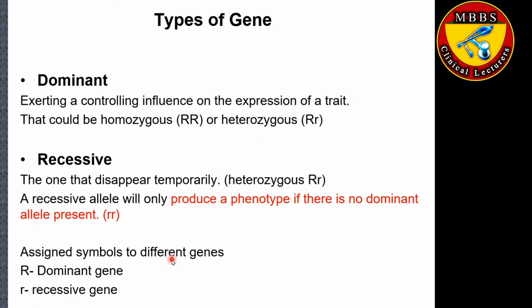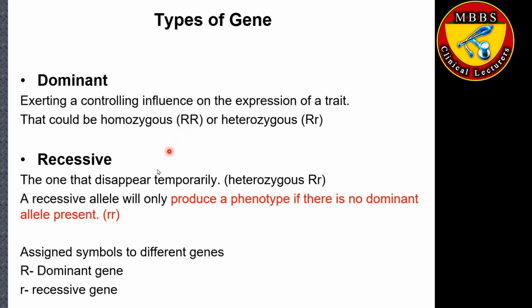Before we go towards these disorders, let's study what dominant and recessive mean. Dominant means exerting a controlling influence on the expression of a trait, on the expression of a character. When the two alleles are the same, it is homozygous.